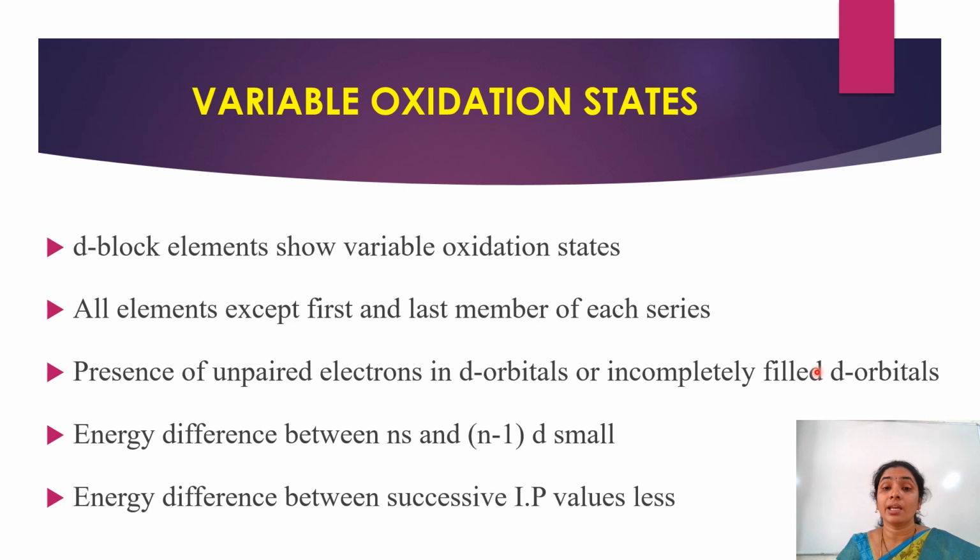Also, the energy difference between ns and (n minus 1) d orbitals is very small, and the energy difference between successive ionization potentials is also small. All these things make the d block elements show variable oxidation states.